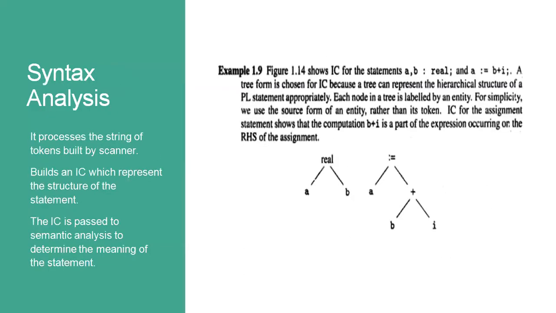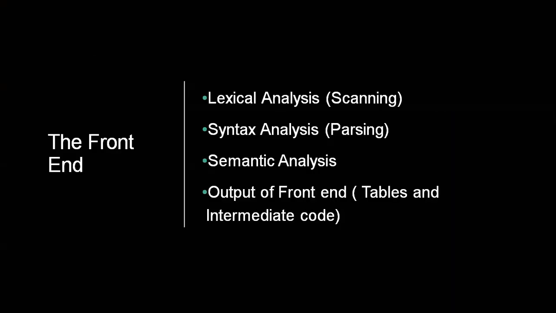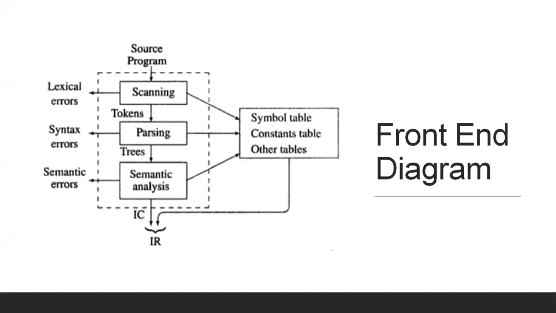Okay. Coming to the end of this lecture, thus we have seen the front end of the toy compiler. What is the front end? So this is the diagram. Source program is input to the scanning. Scanner will give a string of tokens. Now these tokens are taken by the parsing phase.